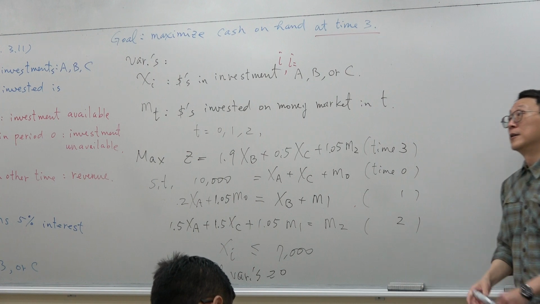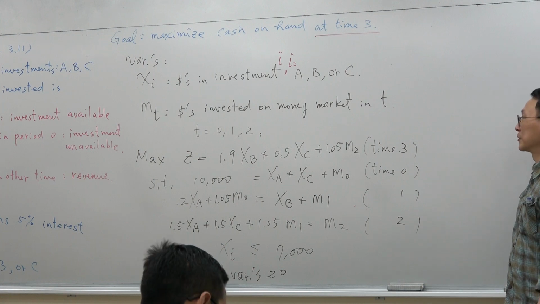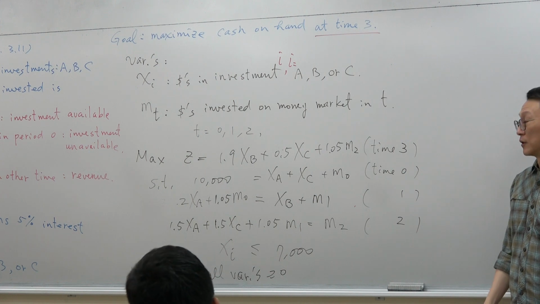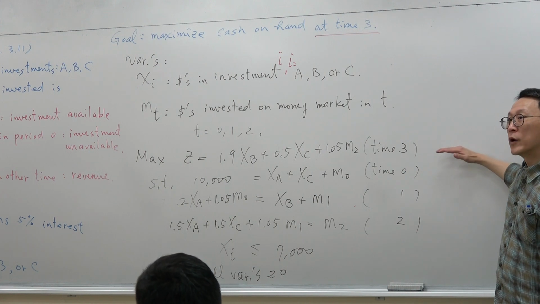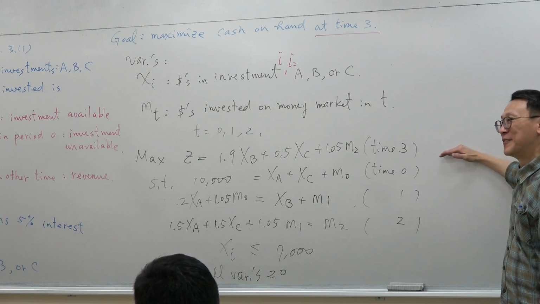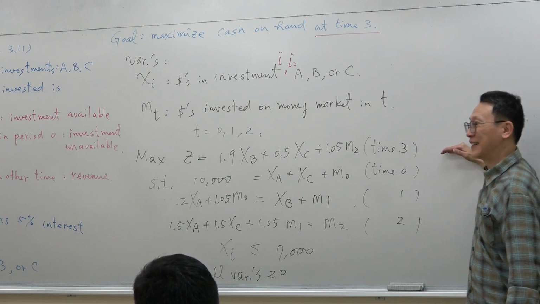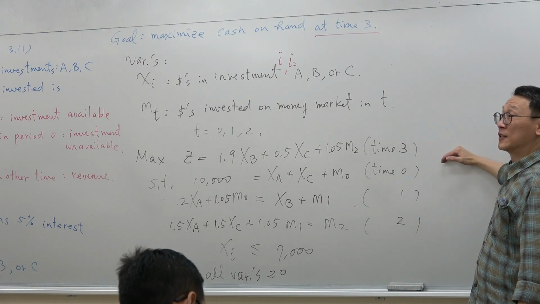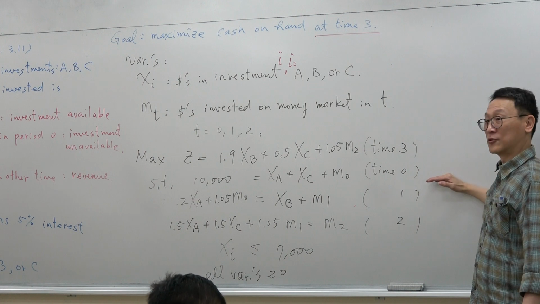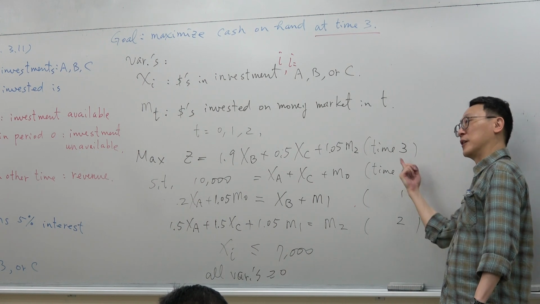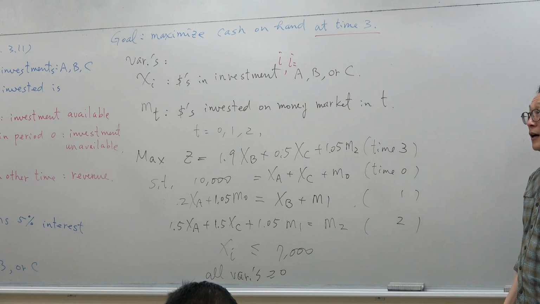This example just tries to tell you that unlike the previous ones, where we can define the objective function at the very beginning, for this one I didn't define it at the very beginning. I defined the constraints first, and based on the relation, I go back to find the result of the objective function.